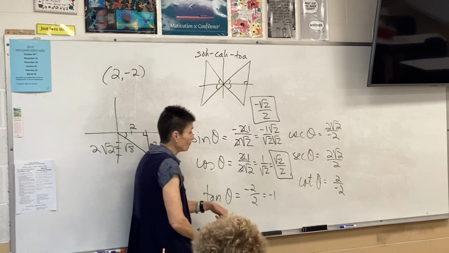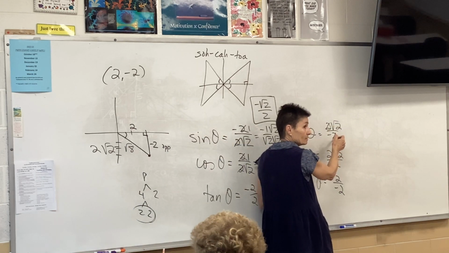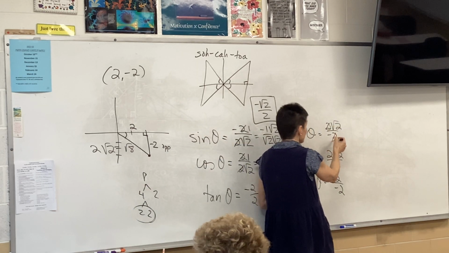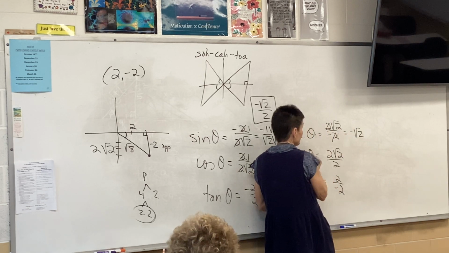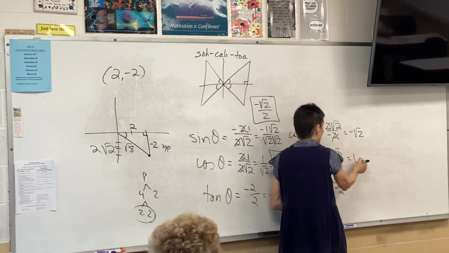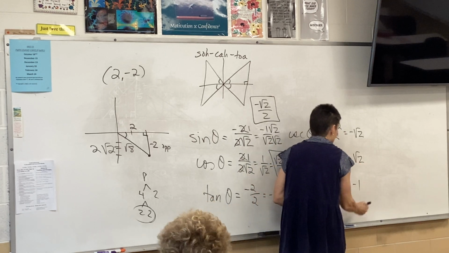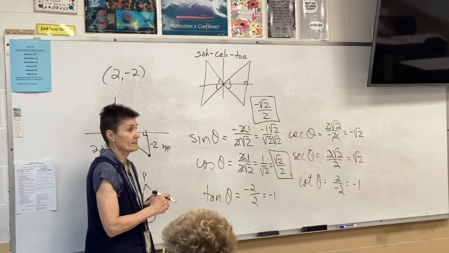Now same thing over here. Will these cancel? Yep. So that's negative root 2. All I have left on the bottom is a 1, so it's just negative root 2. Positive root 2 and negative 1. So the trig was the same.